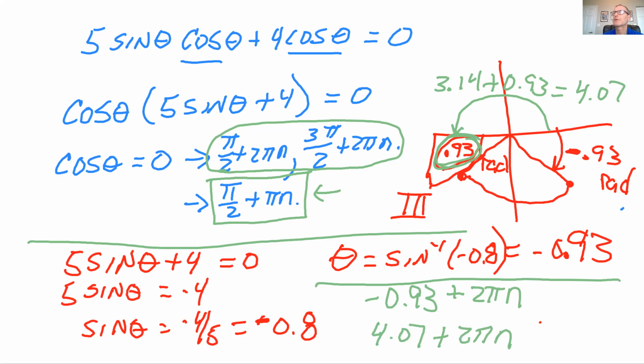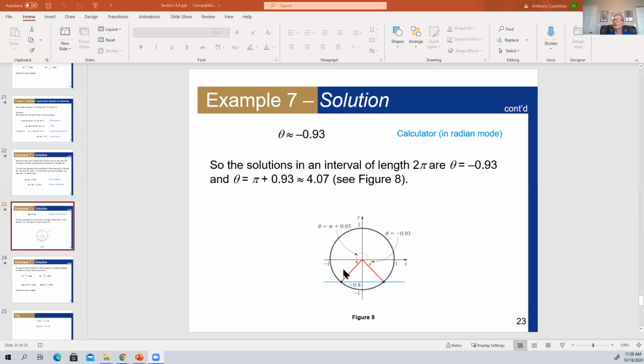And so what would that look like? Let me show you the little unit circle here. In the book, they do a nice little better job than my drawing, but my drawing is not too bad, right? So here's the unit circle, and here's the first one, minus 0.93 radians going clockwise, because we're minus. And now we need to get to the third quadrant, which is the other negative value for sine.